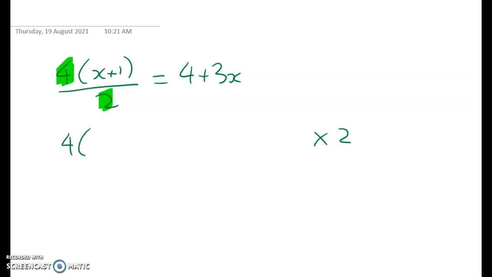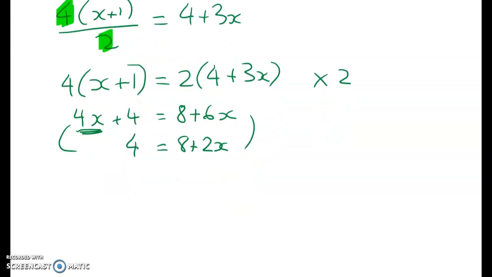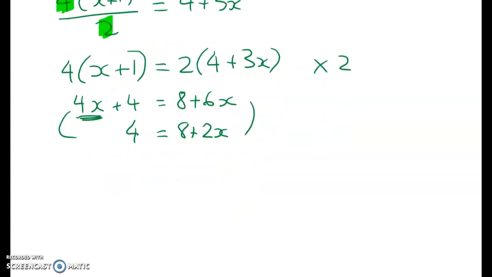So if I multiply both sides through by 2, I'm left with 4 times x plus 1 is equal to 2 times 4 plus 3x. Expanding that gives me 4x plus 4 is equal to 8 plus 6x. Subtracting the 4x from both sides now gives me 4 equals 8 plus 2x. And now I'm going to subtract 8 from both sides.